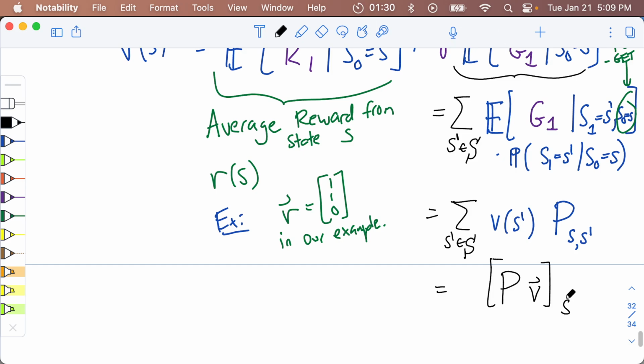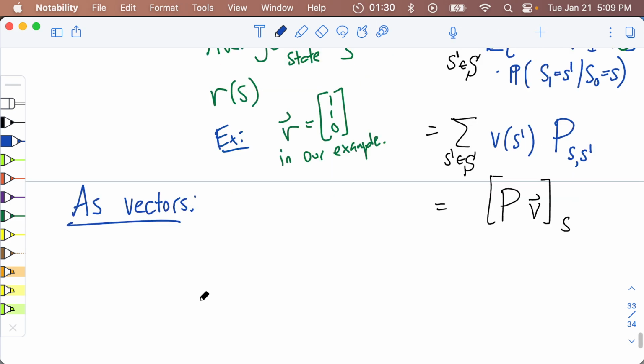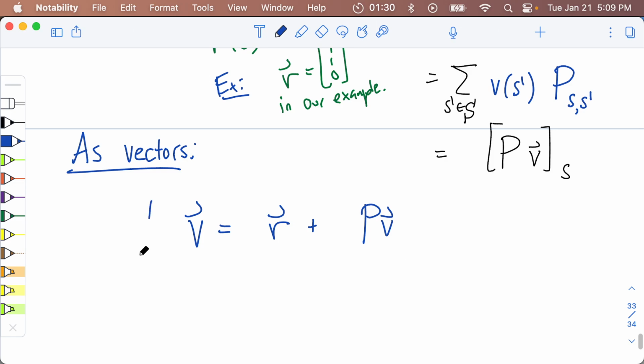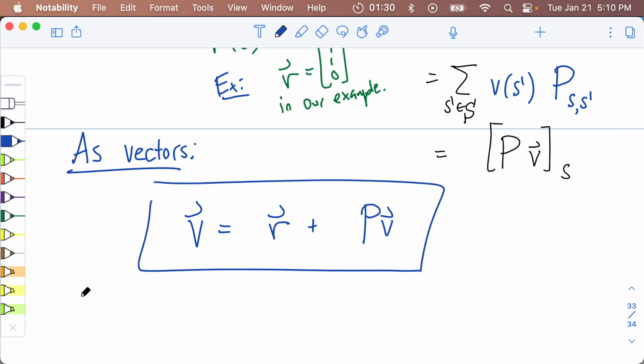So as vectors, what is it? It's V equals R plus PV. That is the whole equation as vectors. Very nice. And here V is the value function as a vector.